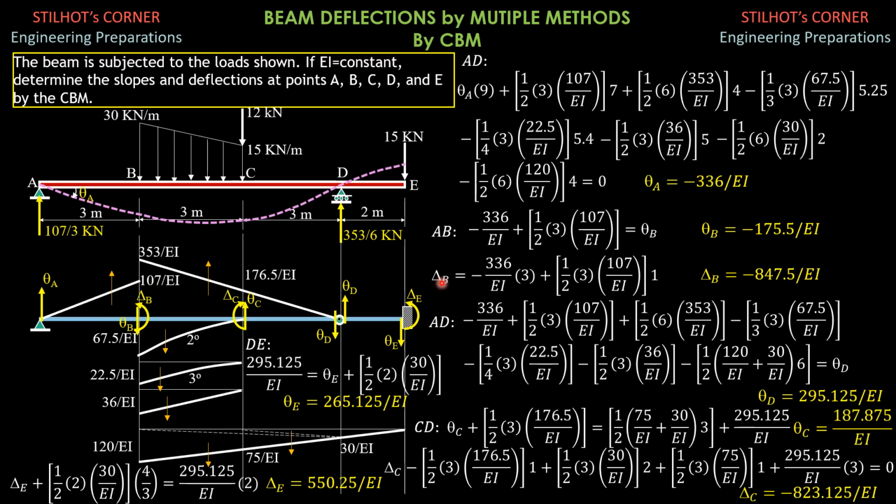So delta B is theta A times 3 plus the moment of area of the triangle, 1/2 of 3 times 107 over EI, times 1. Solving for delta B is negative 847.5 over EI. Then having found the deflection and slopes at B, we next consider CD.